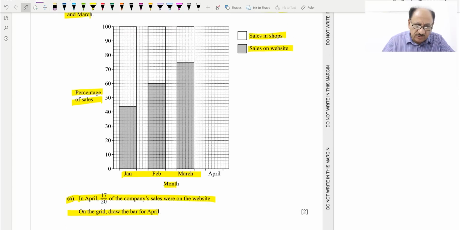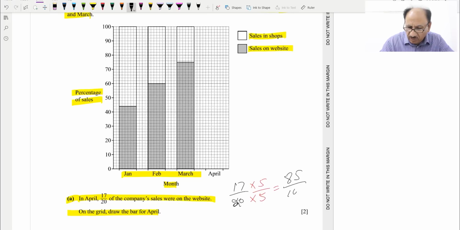So they have provided us 17 out of 20. But for percentage we need a denominator of 100. So we'll multiply numerator and denominator by 5, and 17 fives are 85. So 85 over 100.